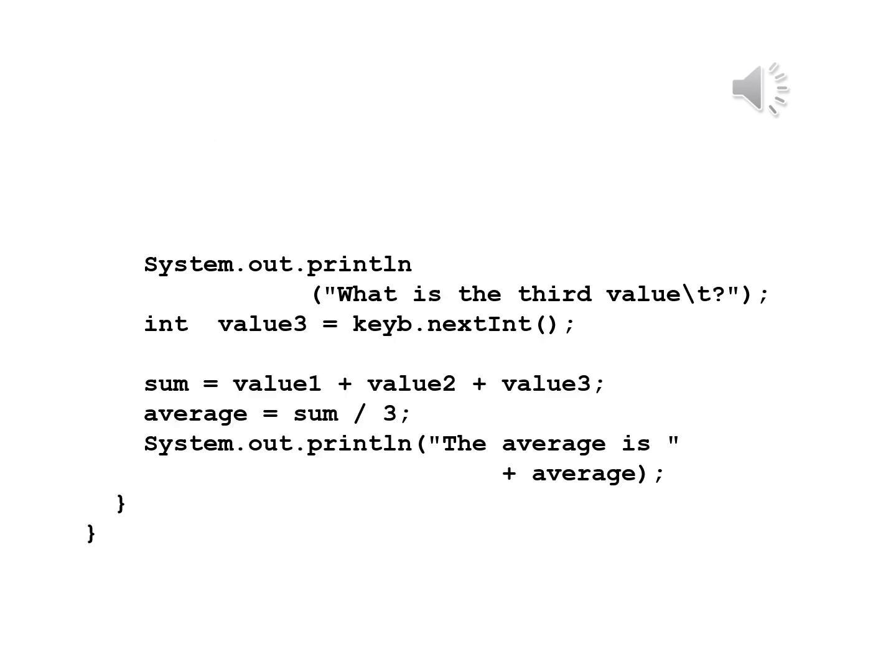And now to read in the third value, we prompt the user again. System.out.println, "What is the third value?"